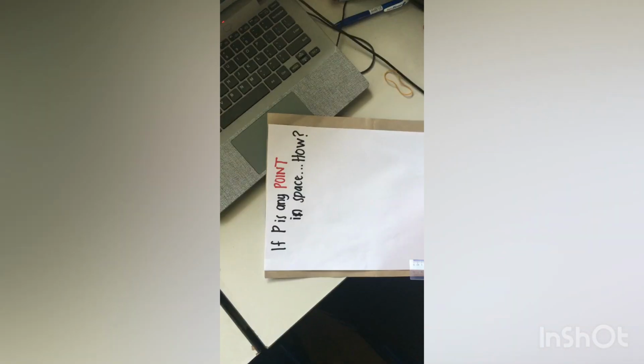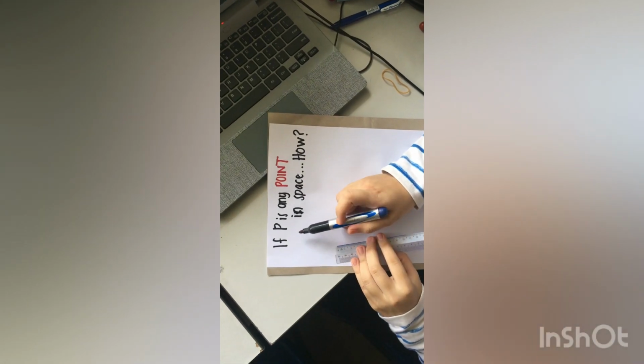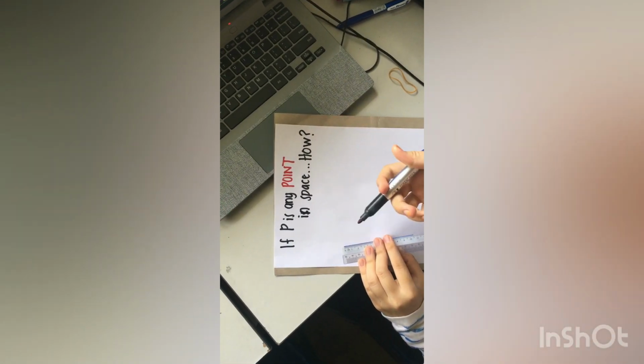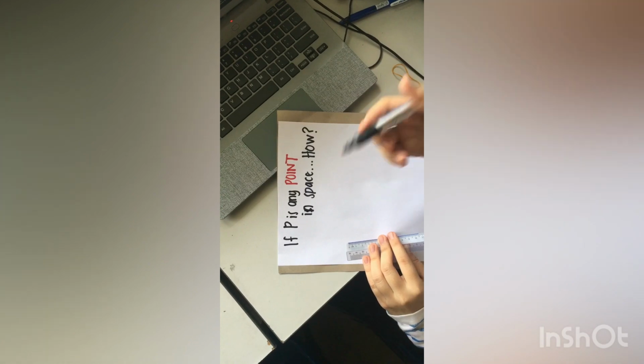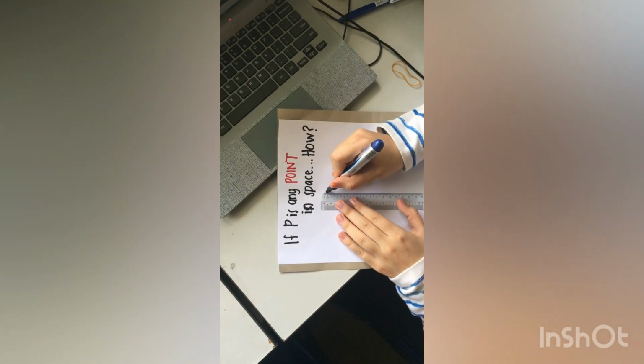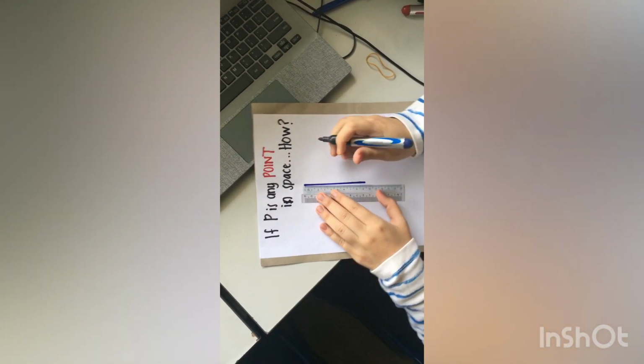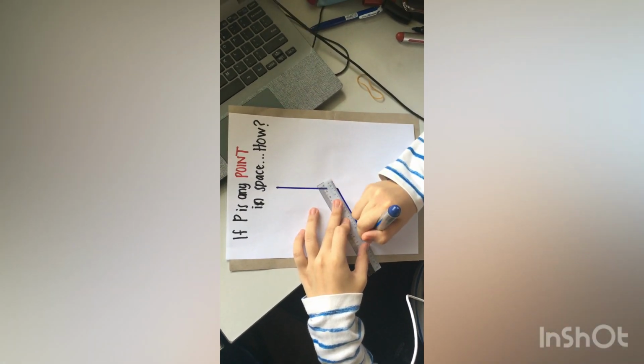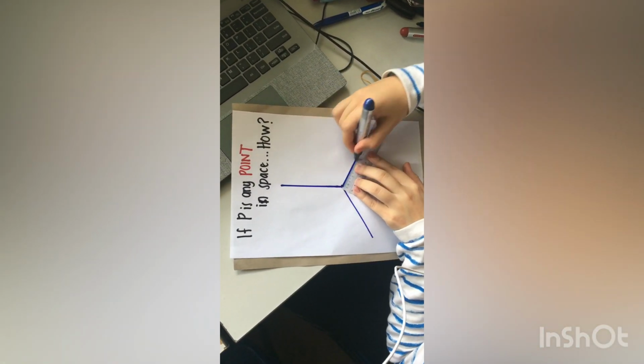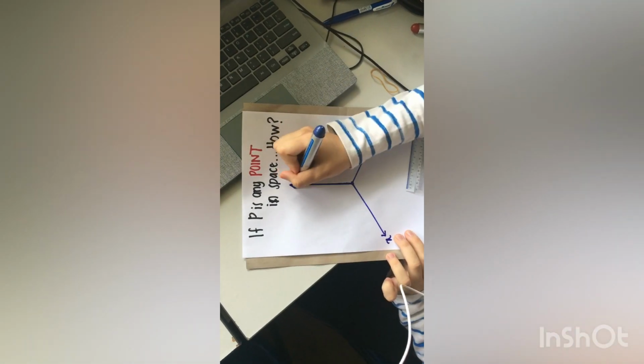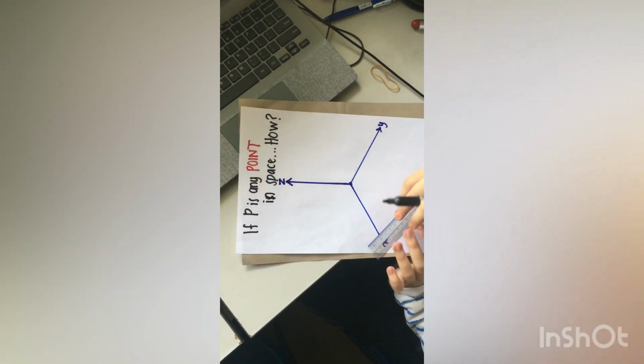Just simple like that. So what if P is any point in space and we want to put it in the graph? Let's say P. First of all, we need to draw the lines as usual. This is the y-axis, this is the x-axis, this is the z-axis.